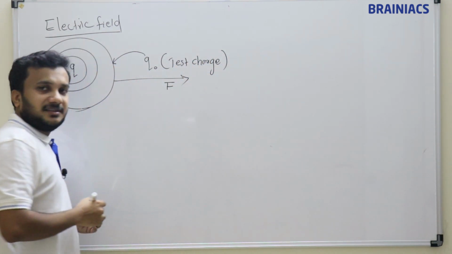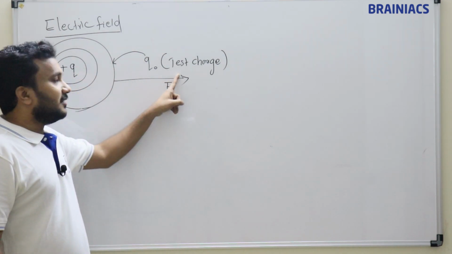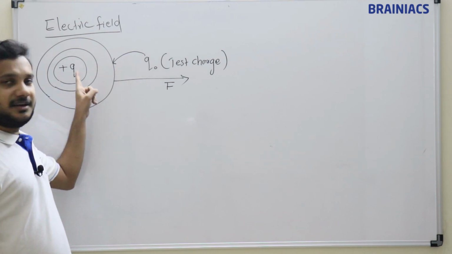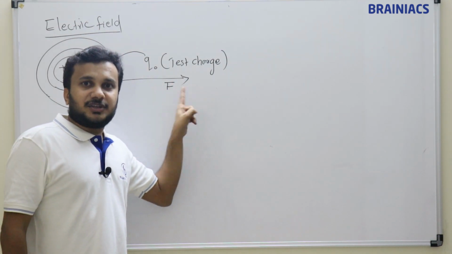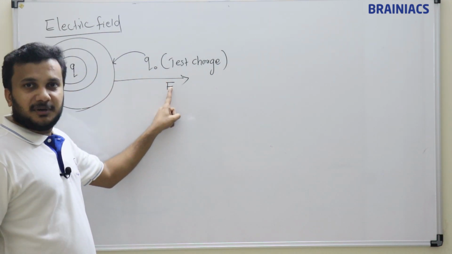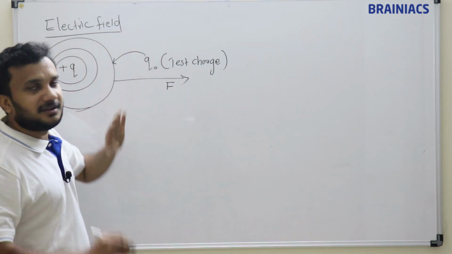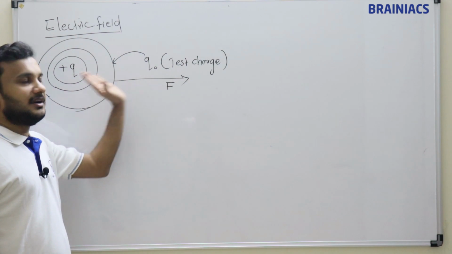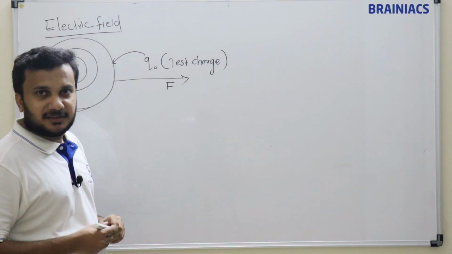The test charge is nothing but a charge which is used to test the source charge. Whenever the test charge comes inside the boundary area, the source charge exerts a force on it, and that is called the electrical force. So field is this area. Outside this area, no problem for the test charge. Whenever the test charge comes into this area, the problem starts.